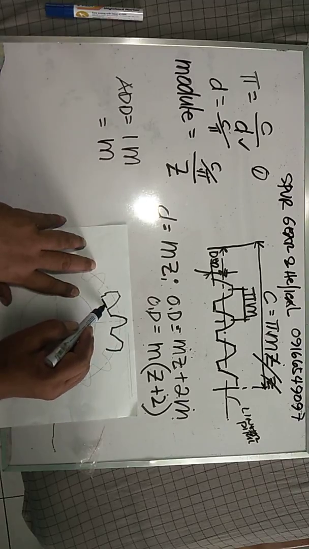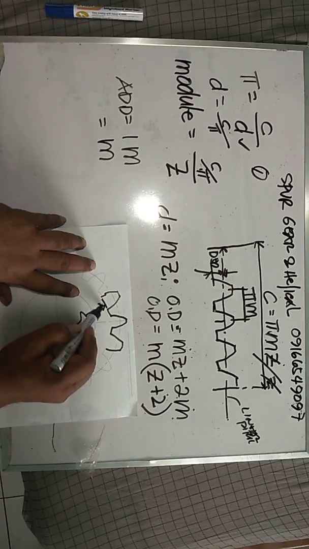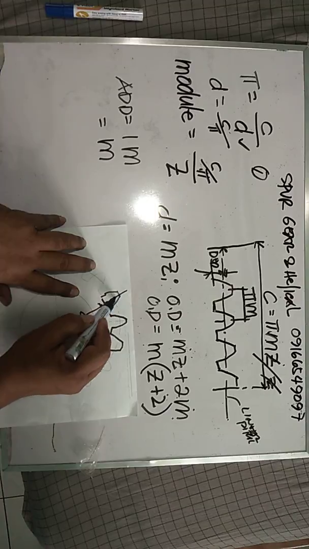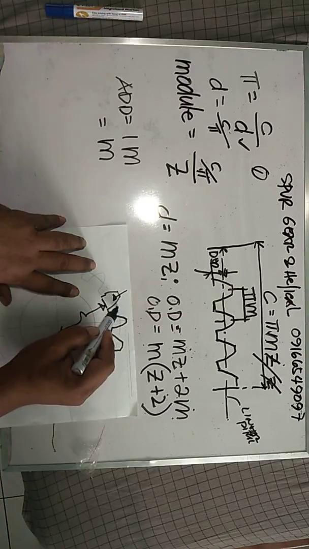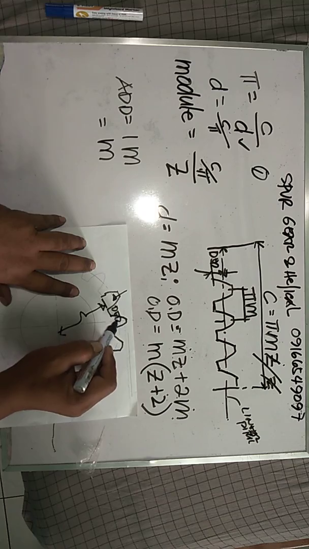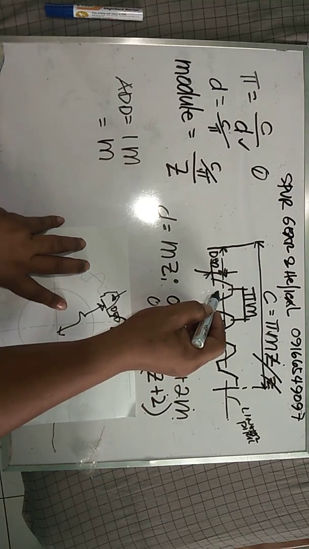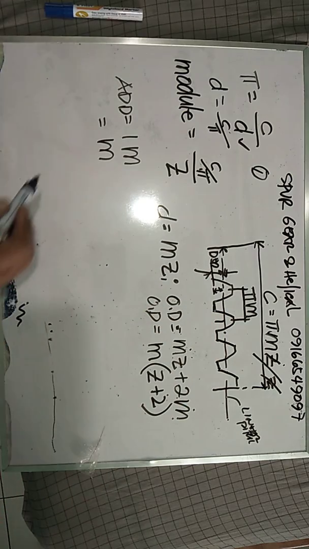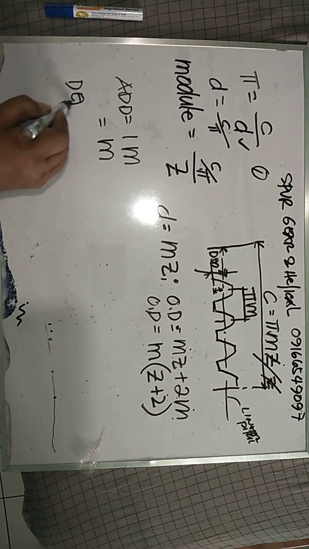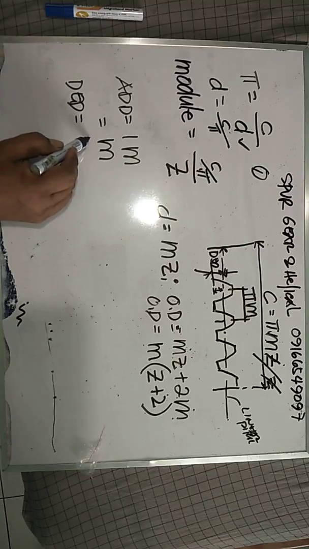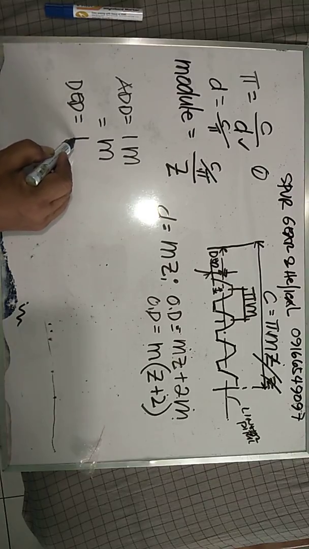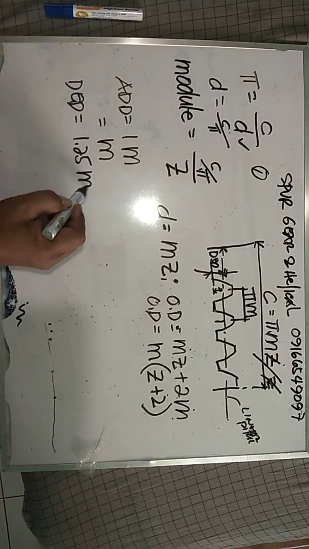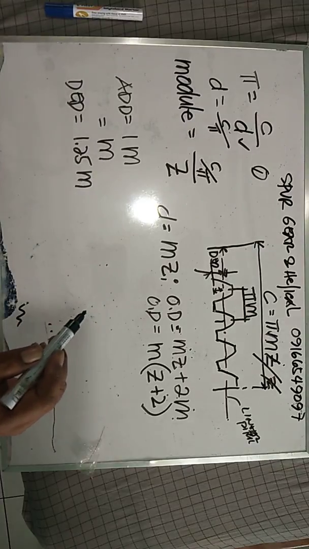The distance between this tooth, this root diameter, up to the other side is called the dedendum. The empirical formula for dedendum is equal to 1.25 times its module.